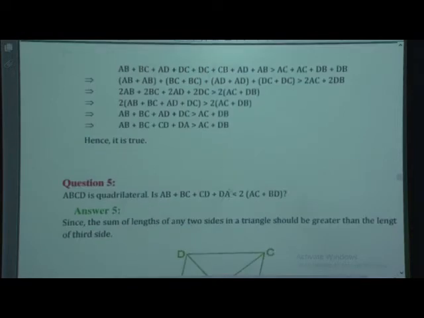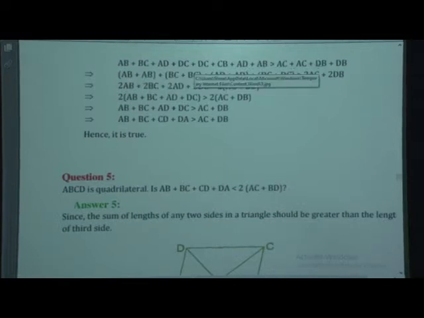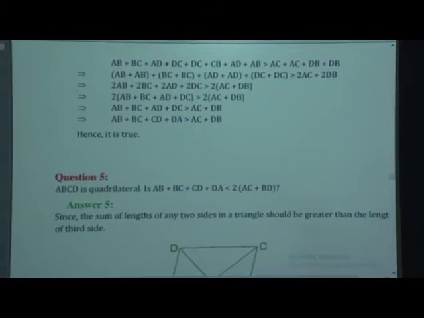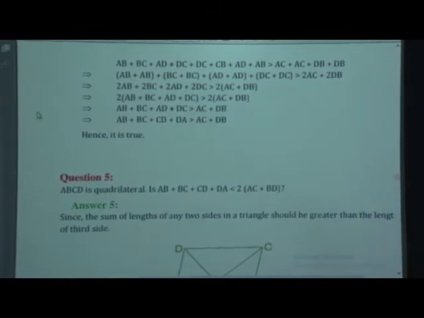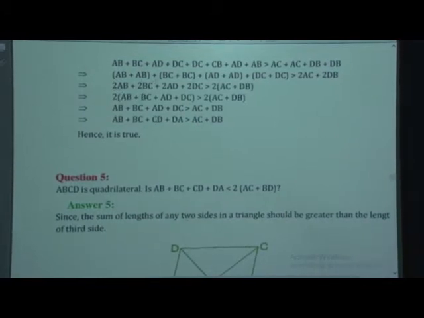We get the step: AB plus BC plus AD plus DC plus DC plus CB plus AD plus AB is greater than AC plus DB plus DB. Because we have written all the LHS, then we are writing the RHS. So we have to take the common terms: AB plus AB, BC plus BC, AD plus AD.